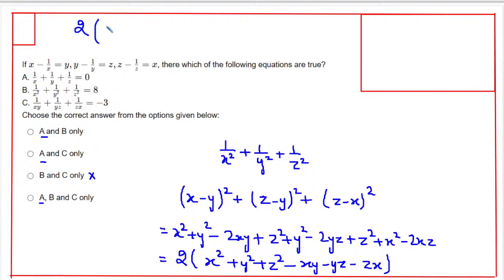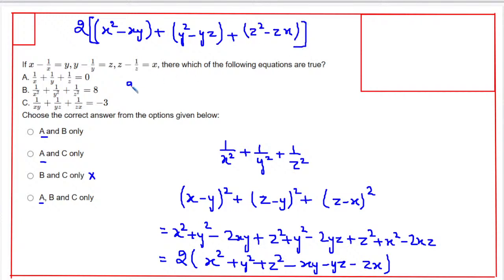Making some pair here now. I can say if I make a pair of x square minus xy, y square minus yz, and z square minus zx. This will give me x into x minus y plus y into y minus z, z into z minus x.